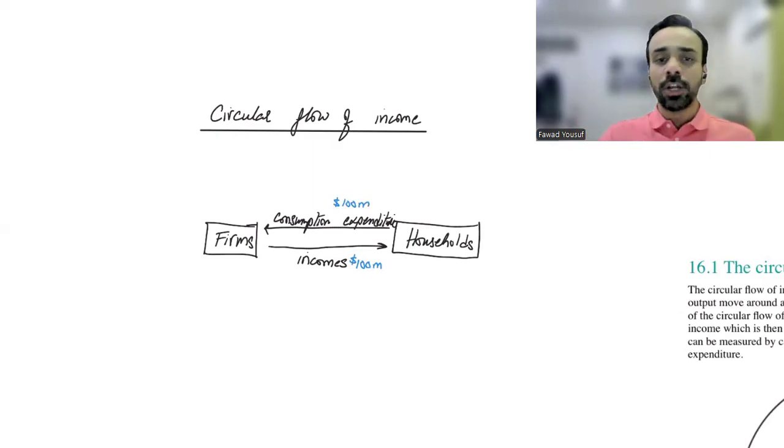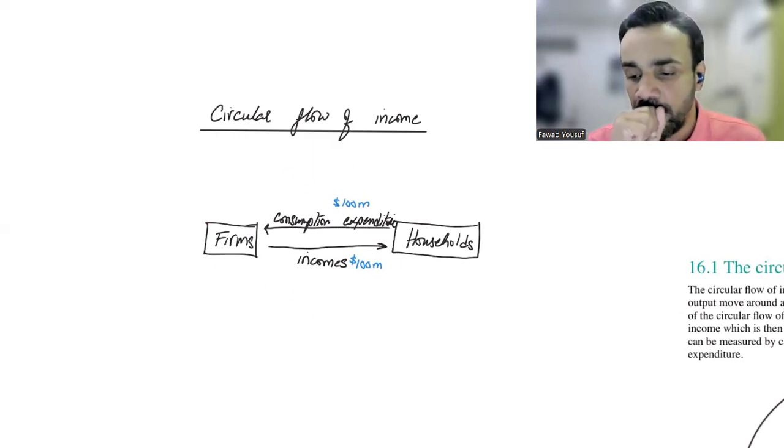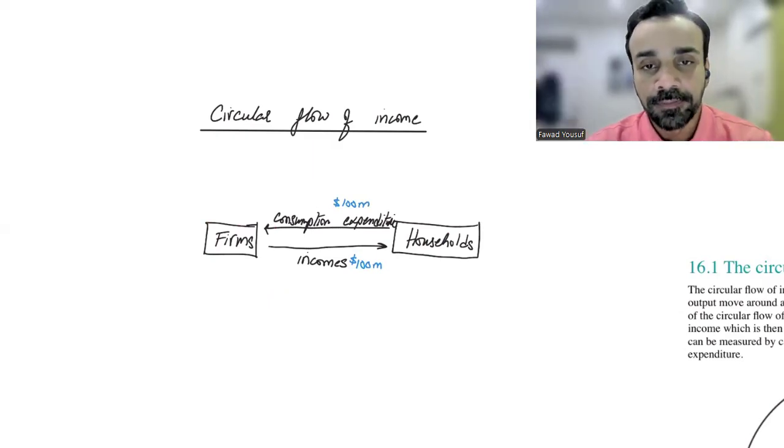And now in this economy, money is continuously going around and round and round. The money earned is being spent.